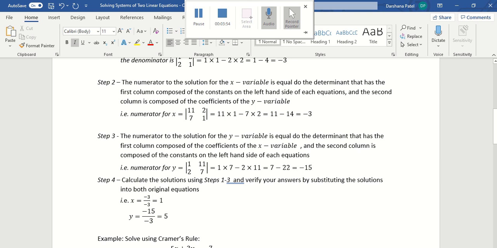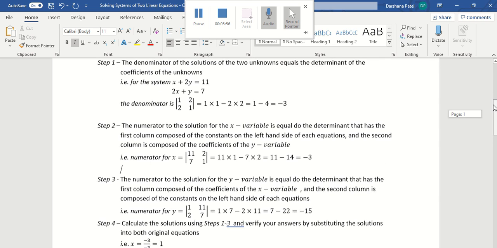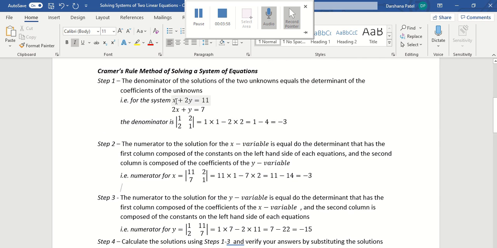To check these solutions, we go back to the original equations. Substituting 1 for x and 5 for y, we get 1 plus 10, which is 11. And again 1 for x, 5 for y: 1 times 2 is 2, plus 5 gives us 7. Let's see another example.